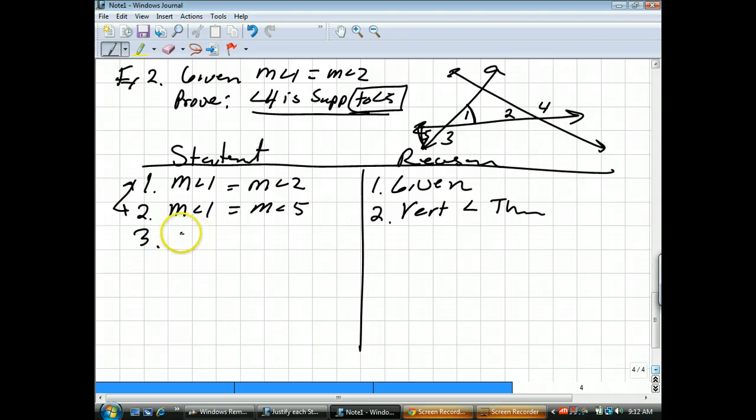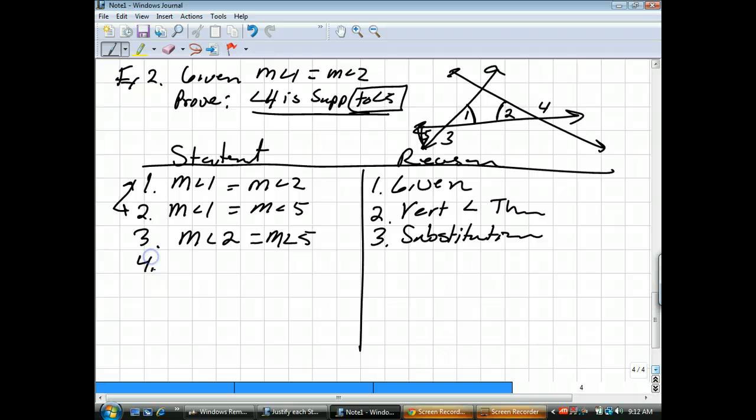So I can say measure of angle 2 equals measure of angle 5. And that was by substitution. Okay, so now I have those 3 angles congruent.